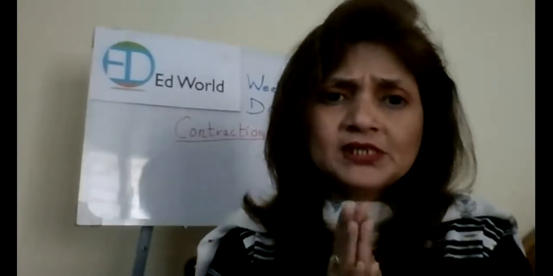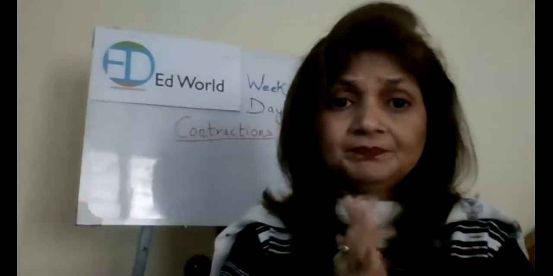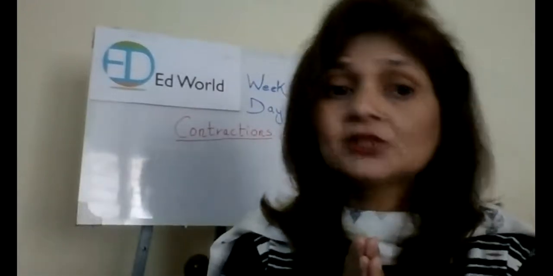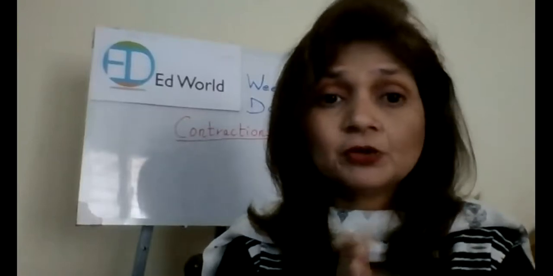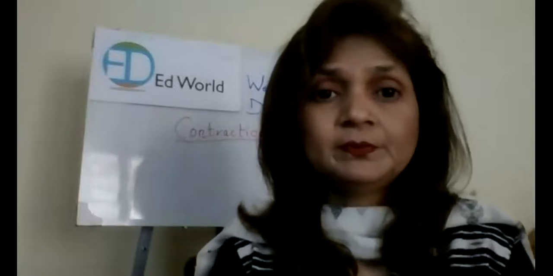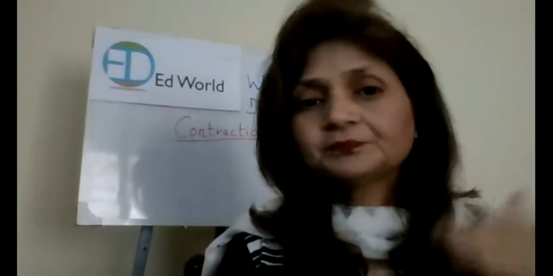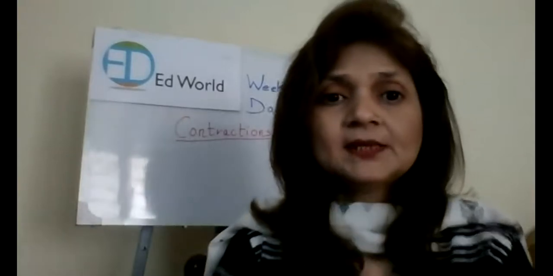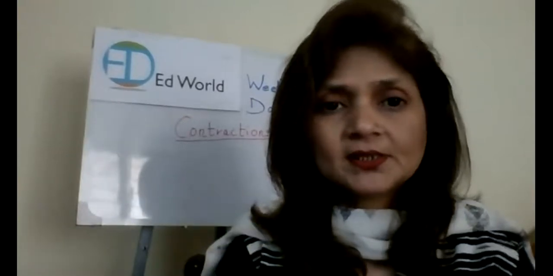Okay. Now, what did we do yesterday in class, children? Correct. We learned about the opposites, right? So that means it was part of our grammar work. Today also we'll be doing some grammar. Sometimes we shorten some words.